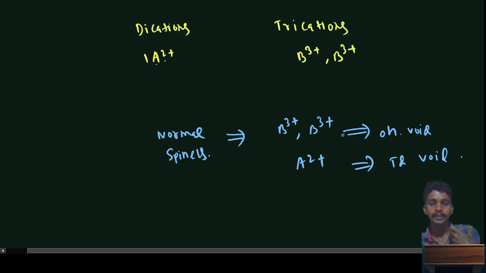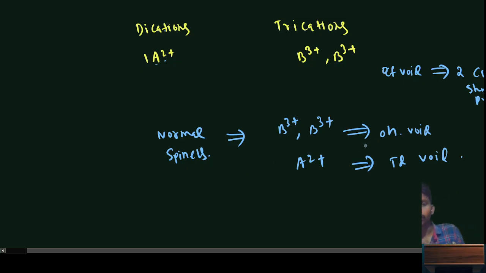For octahedral voids, since the size is more, they must have 2 cations present, either 2 trications or 1.